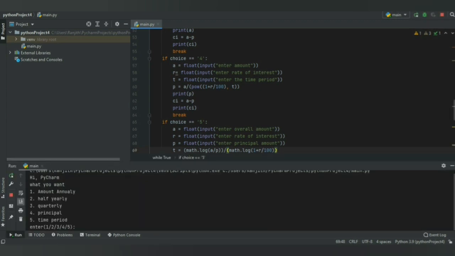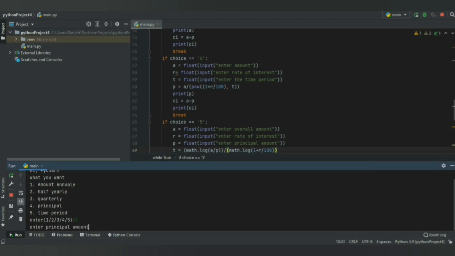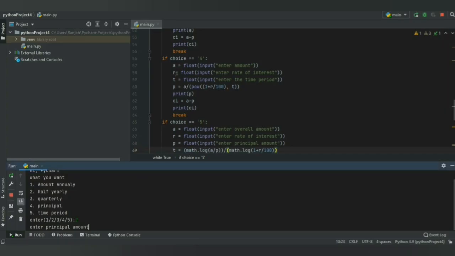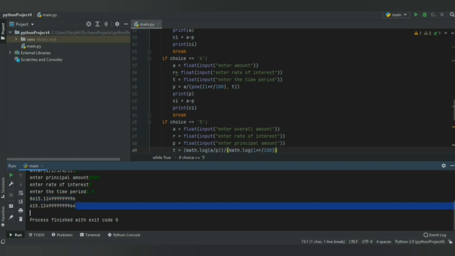Now I want half yearly, so enter 2. Principal amount is 8,000. Rate of interest is 5%. Number of years 1.5 years. Then enter. Our amount is 8,615. Our compound interest is 615.